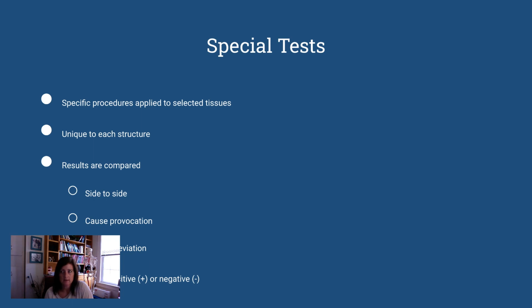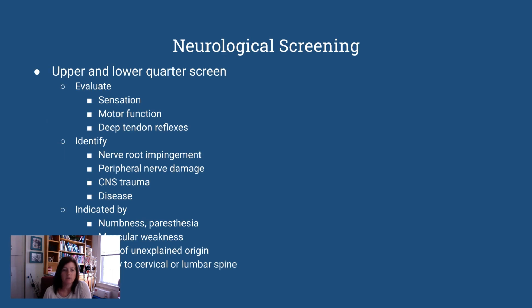In a lot of cases, these are provocation tests. So does this special test create pain in the structure? If it does, I'm going to think maybe SI is the issue. And if this special test doesn't create pain in the SI joint, then I'm going to take a different route. So they basically help us to fine-tune what we're thinking.